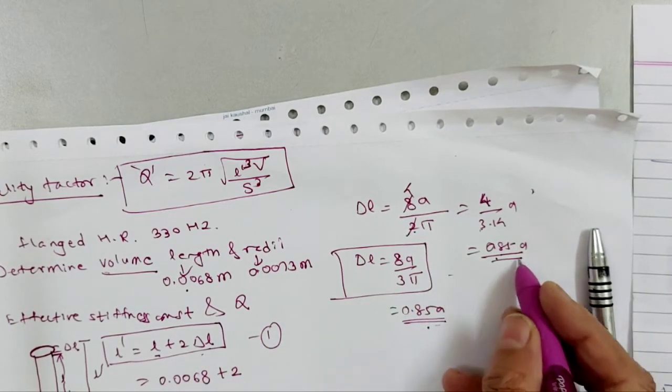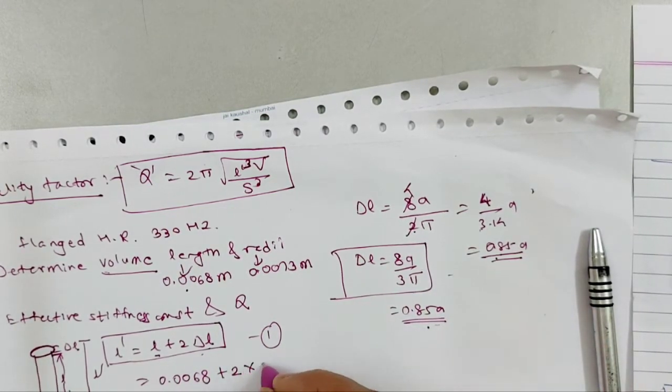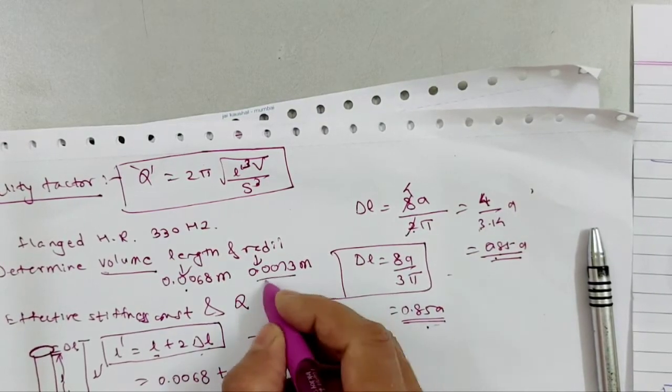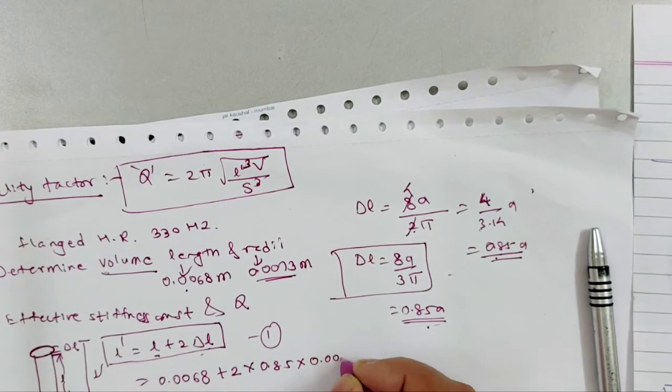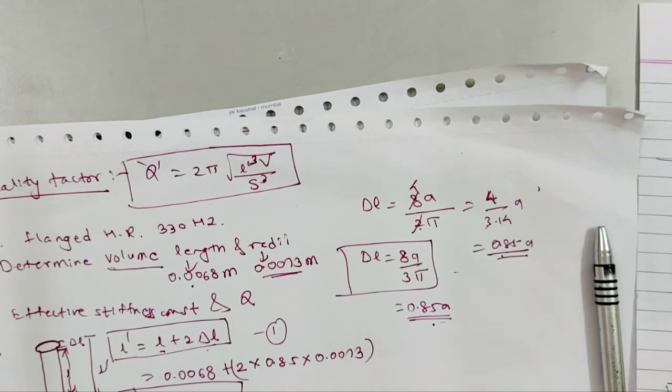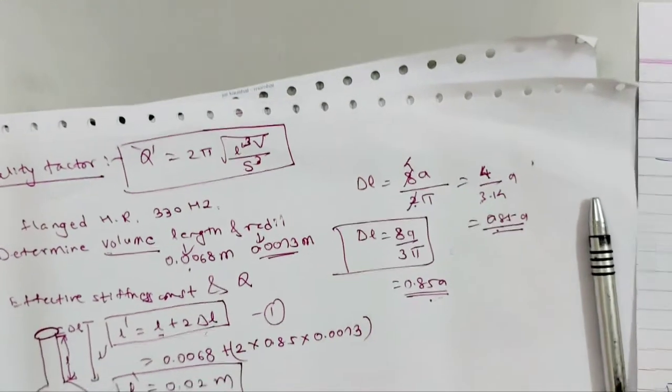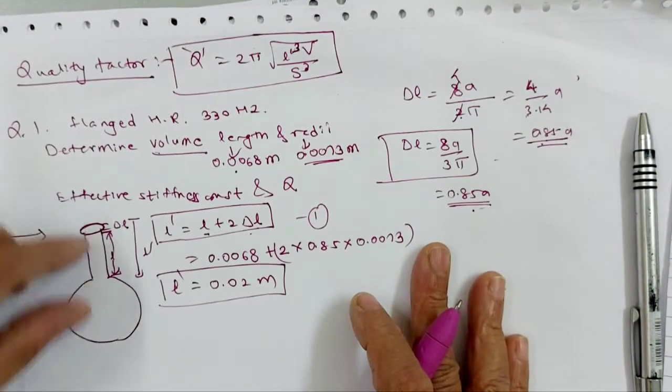As I mentioned, ΔL is 0.85a, where a is the radius, 0.0073. Okay. So multiply this, and you will be ready with the answer. And that answer turned out to be L dash is almost 0.02 meters. Verify this answer. This is my corrected length of this part. Correct?